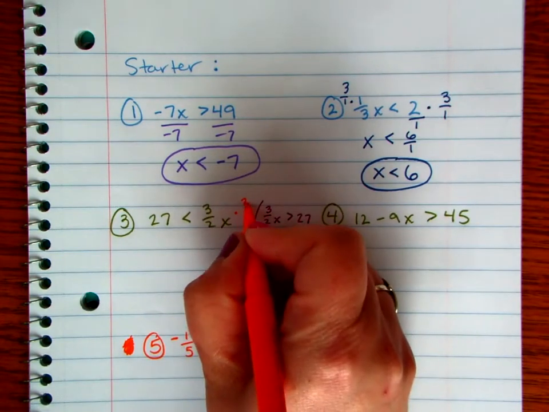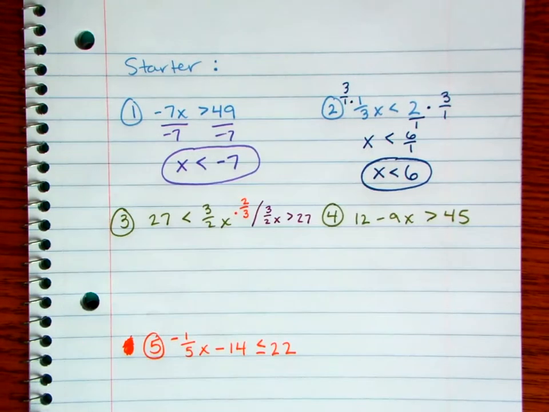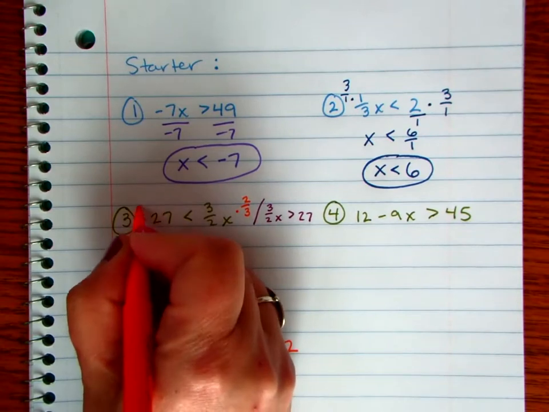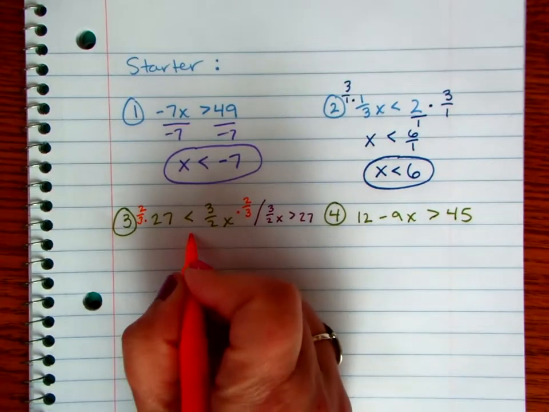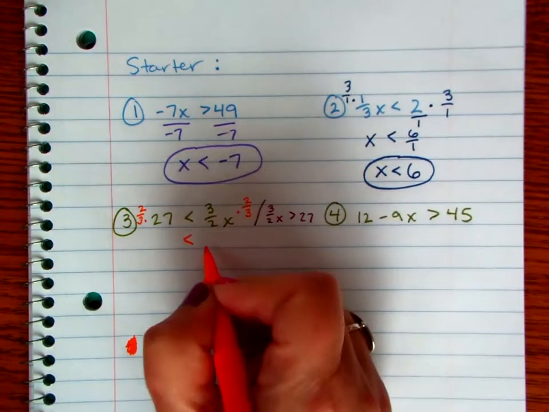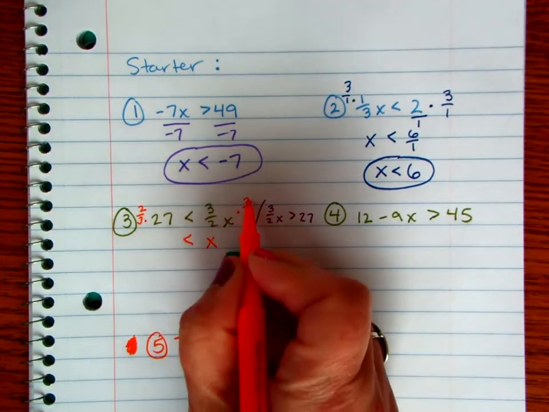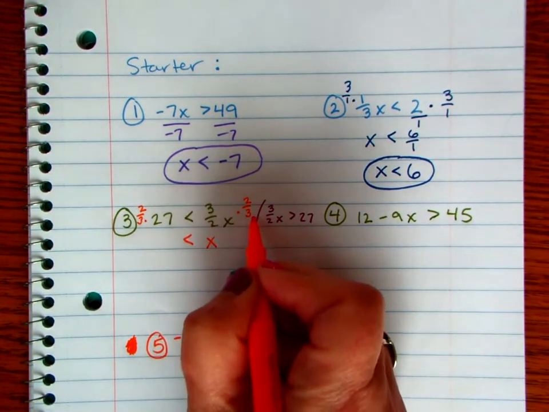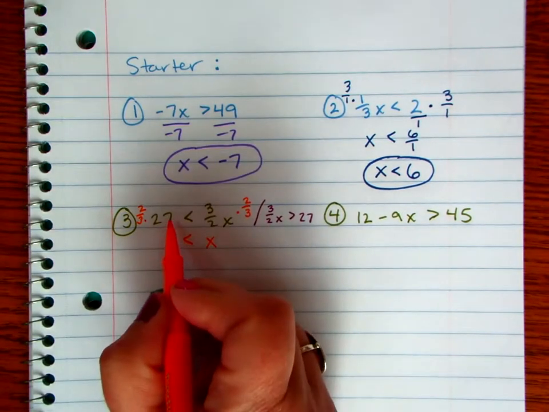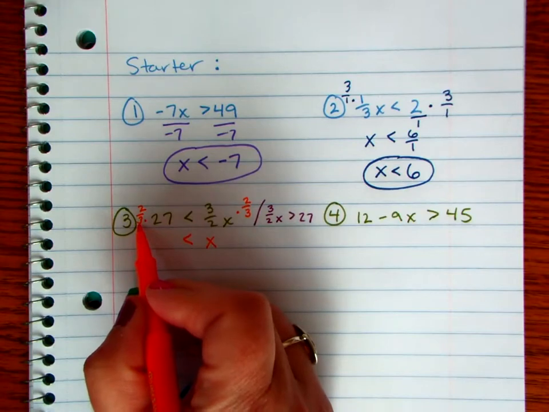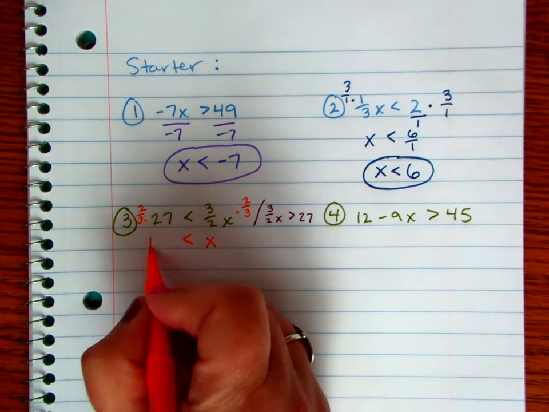I would multiply that by the reciprocal, which is 2/3. I would also do that on this side. Now, I did not multiply by a negative, so I'm going to leave my symbol alone. On this side, I'll have the x left because 2 times 3 is 6 and 3 times 2 is 6, so this is just 6/6 x or 1x. But on this side, I'd have 27 divided by 3, which is 9, times 2, which is 18.